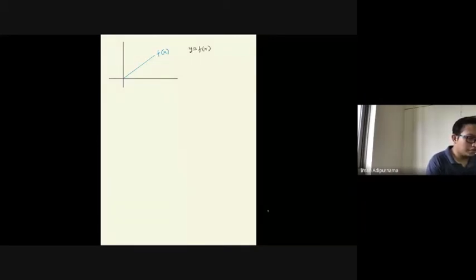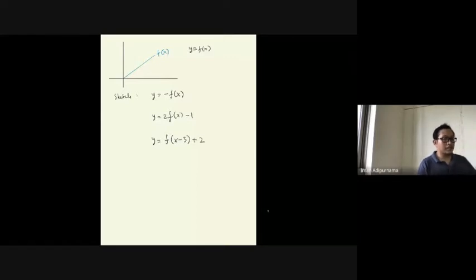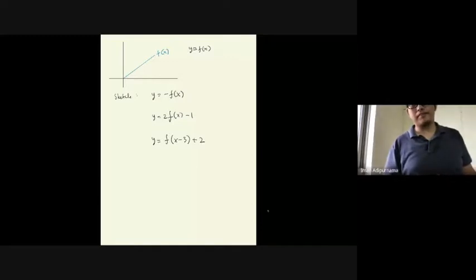And the question is, can you sketch y if it is plus 2? Sketch these three. Just one more, and then we can go to the introduction of the function.